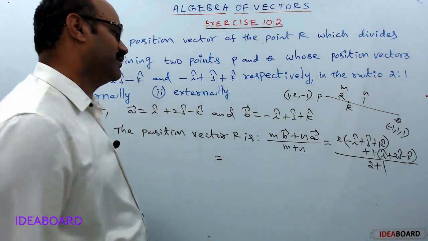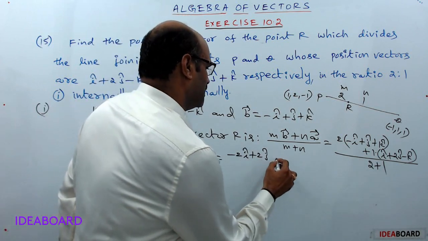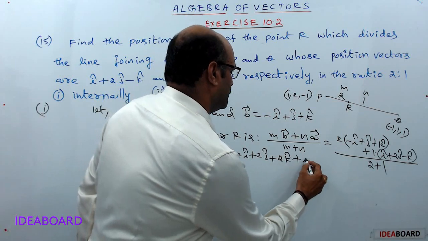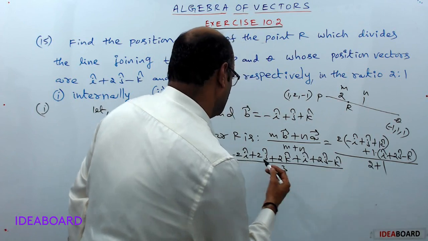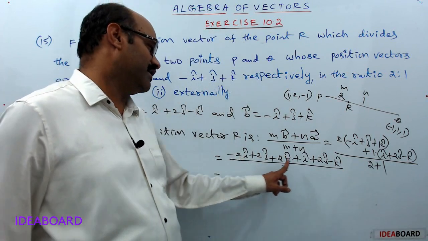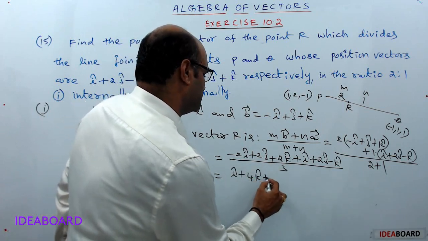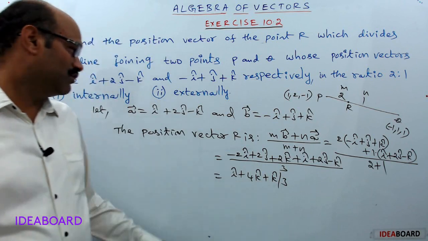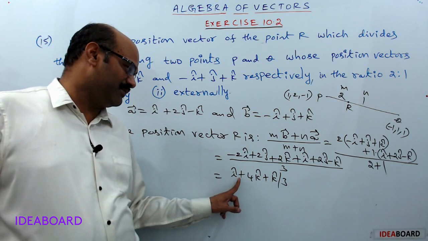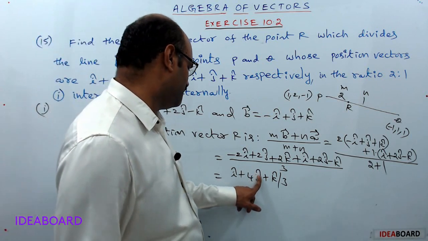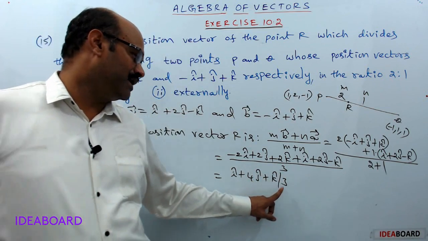That equals minus 2i cap plus 2j cap plus 2k cap plus i cap plus 2j cap minus k cap upon 3, which is minus 2i cap plus i cap... equal to minus i cap plus 4j cap plus k cap upon 3. So if the point R divides internally, the position vector is minus i cap plus 4j cap plus k cap upon 3.